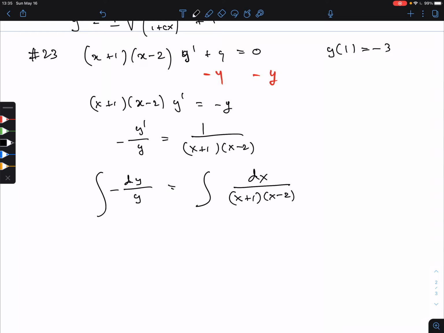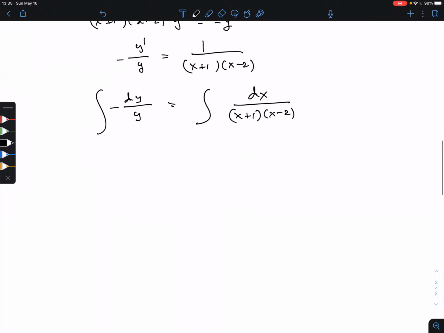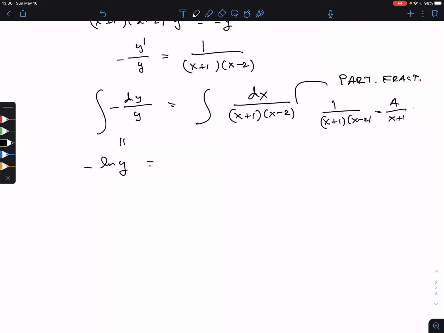Now I hope that you recognize this is a partial fraction, so we have to do the partial fraction. Yeah, this one, of course, is easy. This is minus ln y. But this one is a partial fraction. And so what we need is the partial fraction decomposition of this, 1 over x plus 1, x minus 2. We know that it exists in this form, but we don't know yet what a and b are.